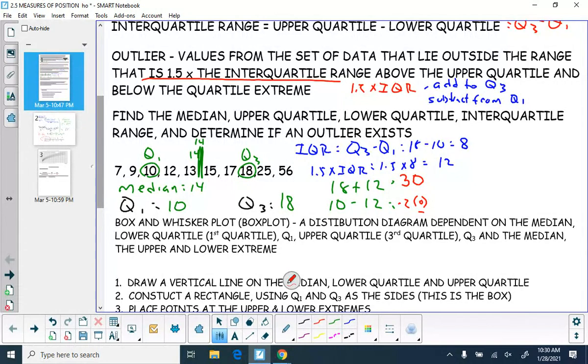We have from 0 to 30. Any number that lies outside that range will be classified as an outlier. So our value of 56 lies outside that range, so it's going to be an outlier.